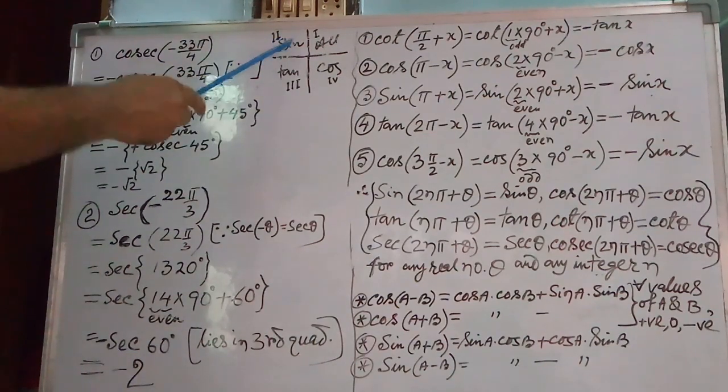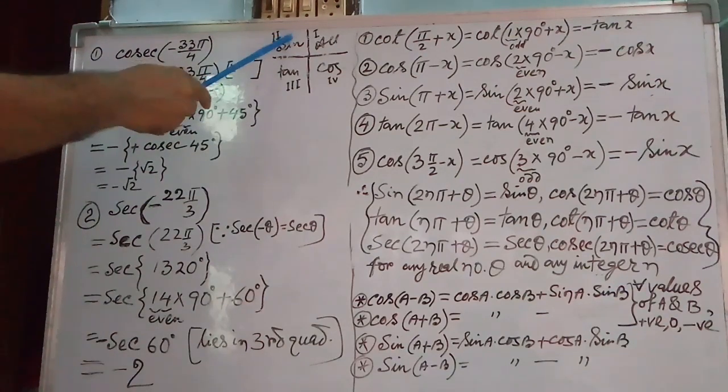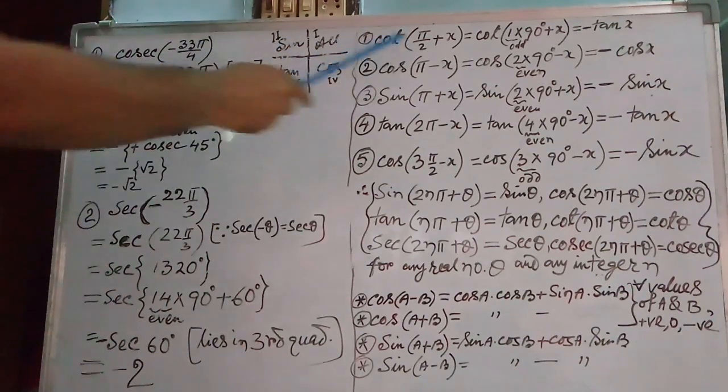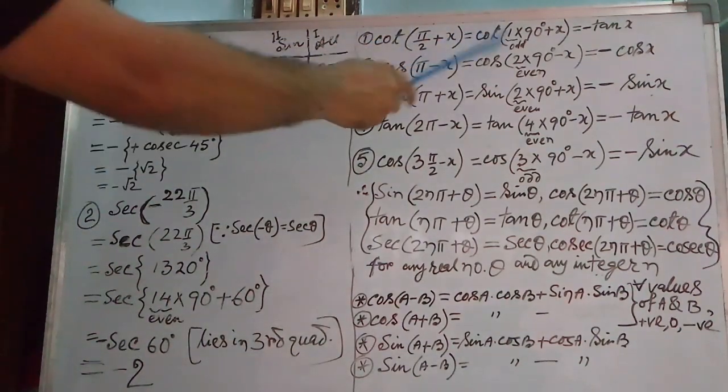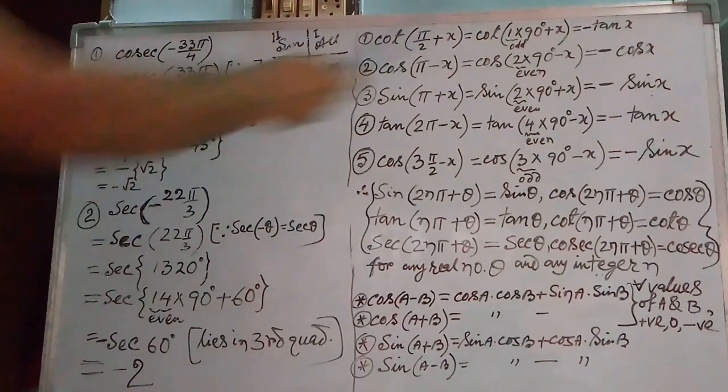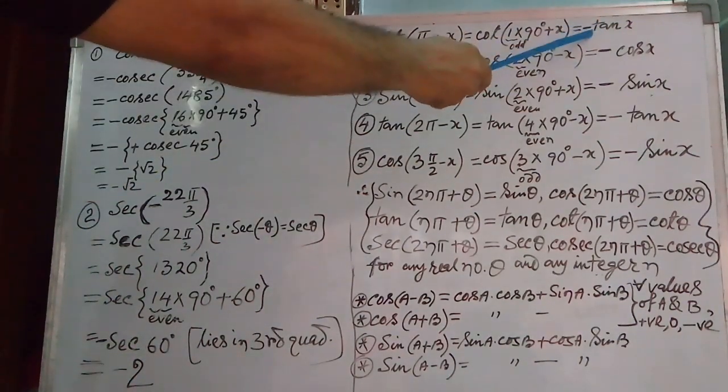In the second quadrant, sine and cosec are positive. The rest of the trigonometric functions are negative. So here cot is negative, and that's why the minus sign comes.